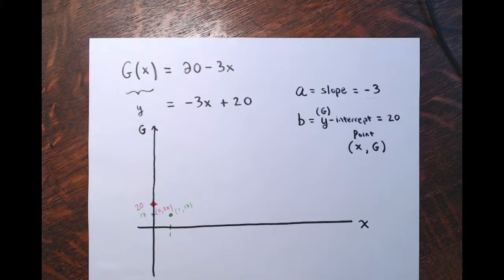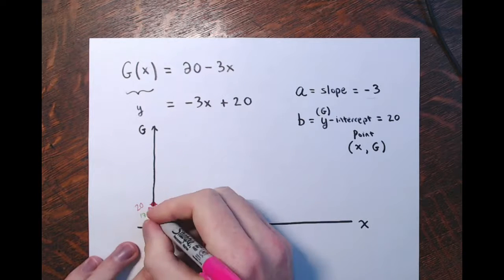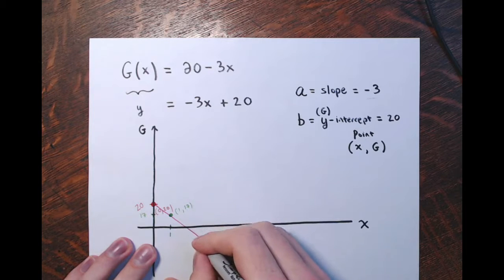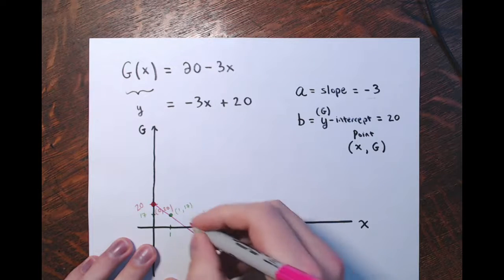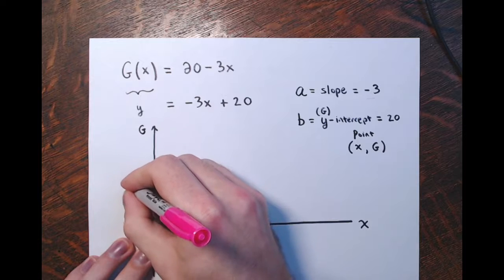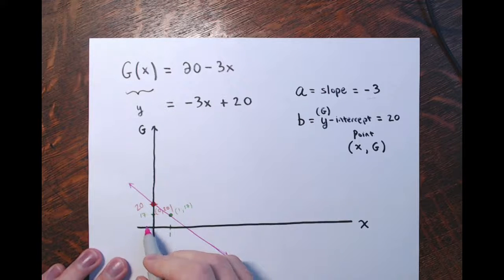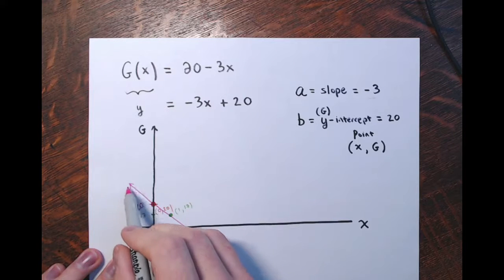And then once you have 2 points established, that's all you need to be able to draw a straight line. The rest of the points should fall on this line here. And here's a graph of the line. Now, some of these points don't make any sense in the context of this problem, because the points over here are meaningless.